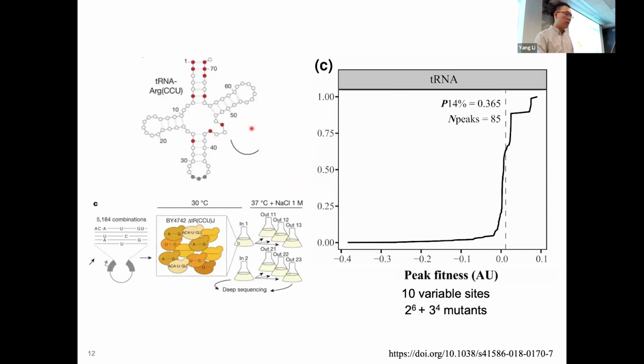It's a tRNA in yeast, and I think it has 10 variable sites. The first 6 variable sites each have 2 states, so they are binary, and the rest of the 3 sites have 4 mutation probabilities.